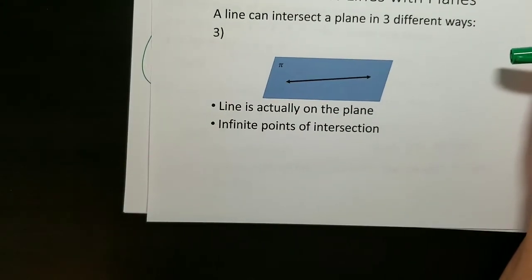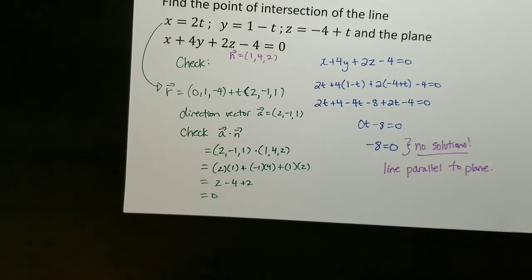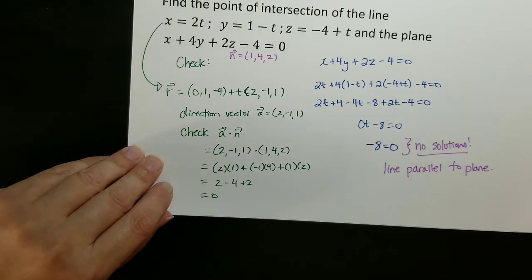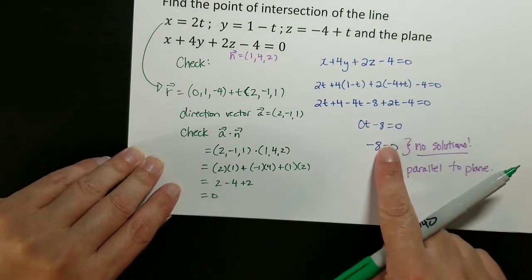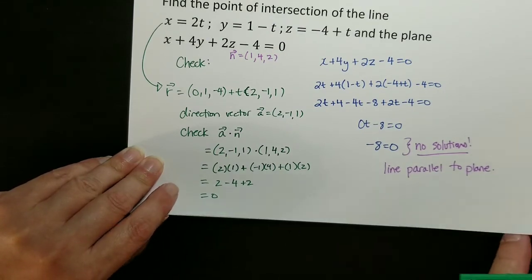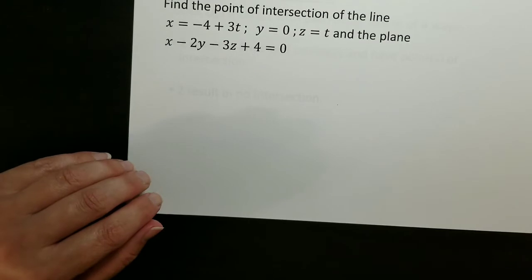So checking that dot product isn't sufficient to decide which of the 2 cases that is. It just tells you that there's not going to be a distinct intersection. It might be the infinite points and it might be the 0. You don't know. So that's why I like this way better of just doing the math and seeing what pops out for the t value at the end.